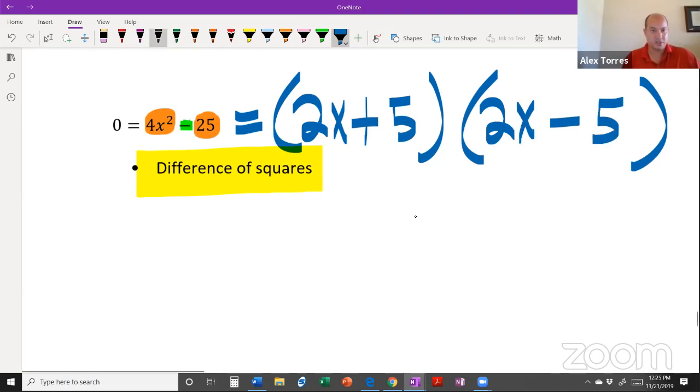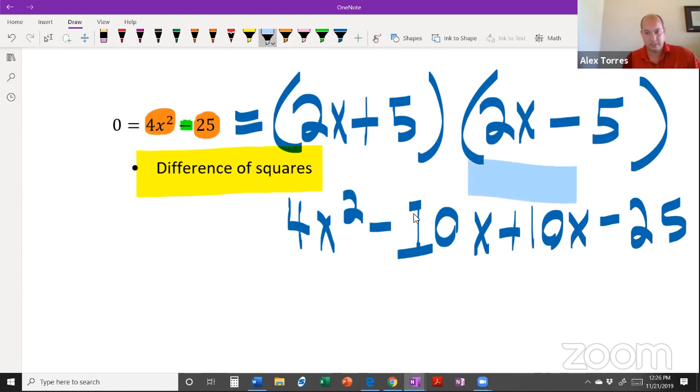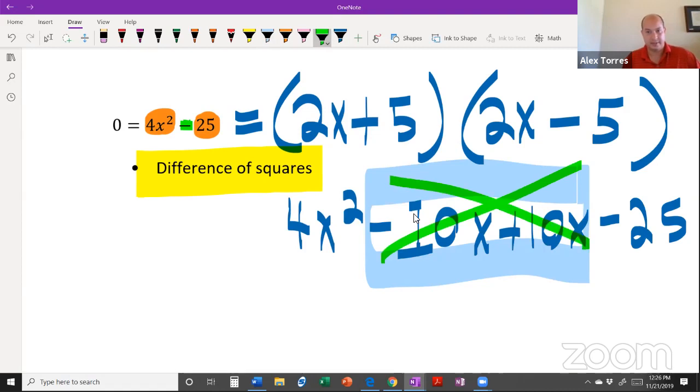How do we know that? Just from having gone through a lot of these in the past. If I FOIL this out, first times first, outer times outer, so negative 10x, inner times inner, plus 10x, last times last, negative 25. This is what will always happen: negative 10x plus 10x will cancel away.